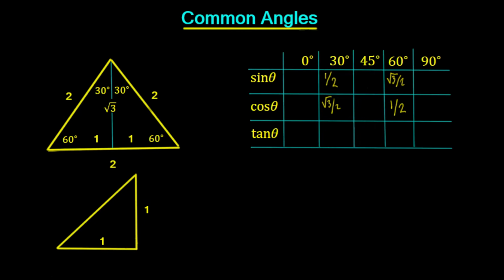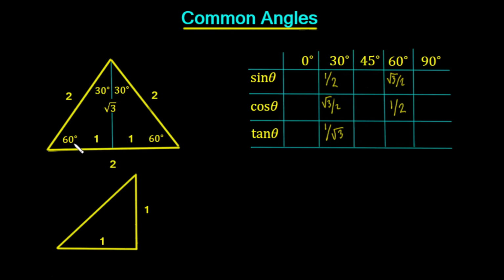Finally, the tan function is going to be given by the opposite divided by the adjacent. So for 30 degrees, we're going to have the opposite, which is going to be a value of 1, and the adjacent is going to be the value of root 3. So it's going to be 1 divided by root 3.